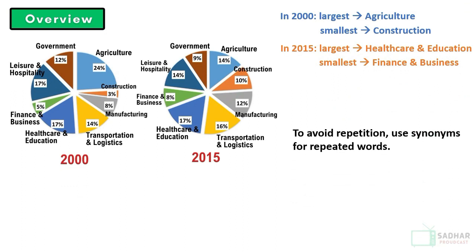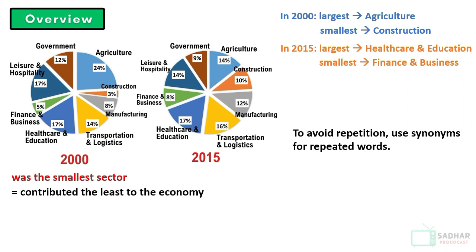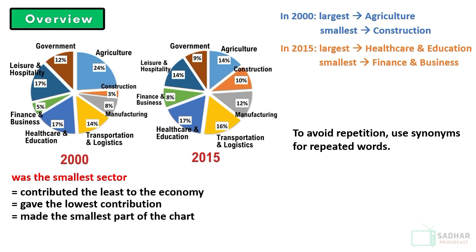Now let's get started. But beforehand, to avoid repetition, use synonyms for repeated words. So we need to use variation of words. For example, for the smallest sector, we can say contributed the least to the economy, or gave the lowest contribution, or made the smallest part of the chart, or was the least significant part of the economy.